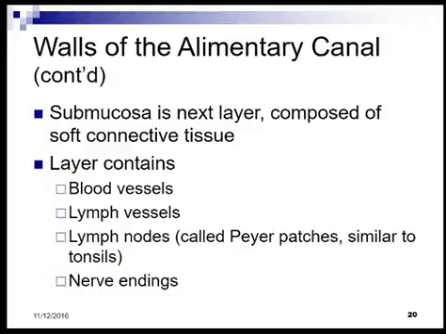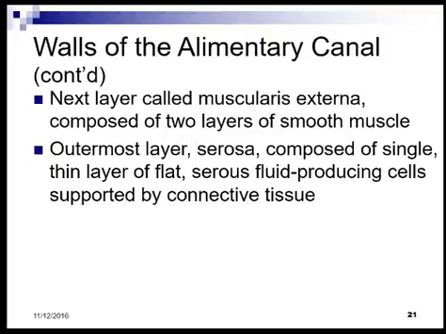The submucosa layer is the next layer, and it is composed of soft connective tissue. Within this layer, we find blood vessels, lymph nodes called Peyer's patches, similar to the tonsils, and nerve endings. The next layer is called the muscularis externa and is composed of 2 layers of smooth muscle.